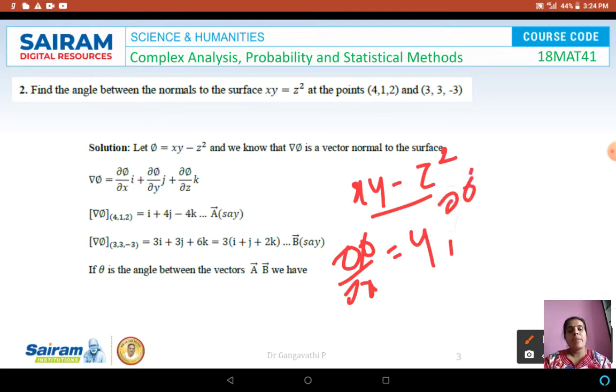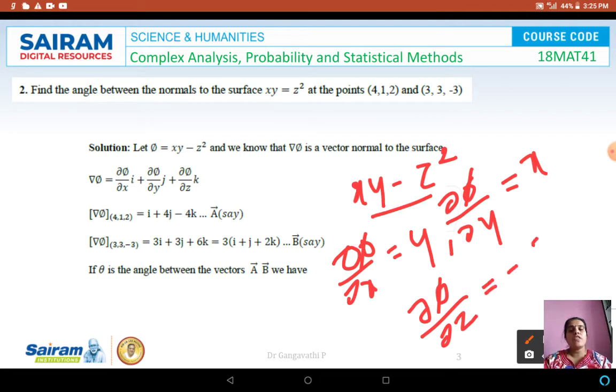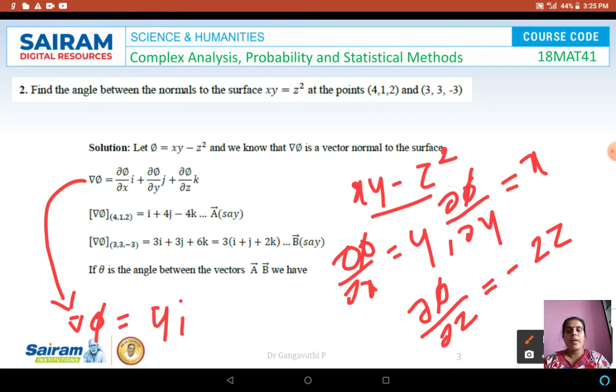Dou phi by dou y is nothing but x, and dou phi by dou z is going to be minus 2z. So we get this expansion, grad phi is equal to y i plus x j minus 2z k cap.